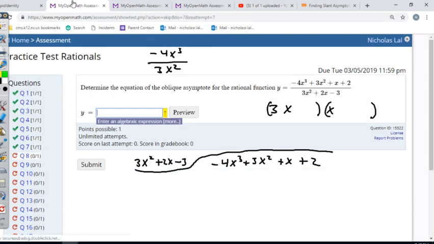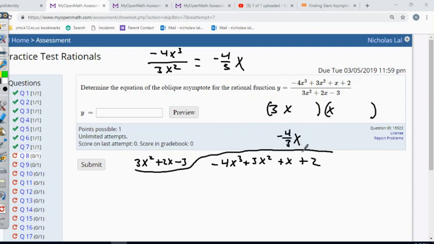So let's use long division. That's equal to negative 4/3 x. Negative 4/3 x times 3x squared is negative 4x cubed.